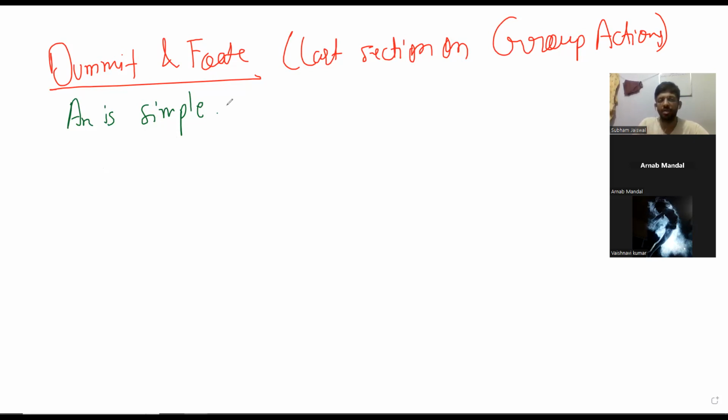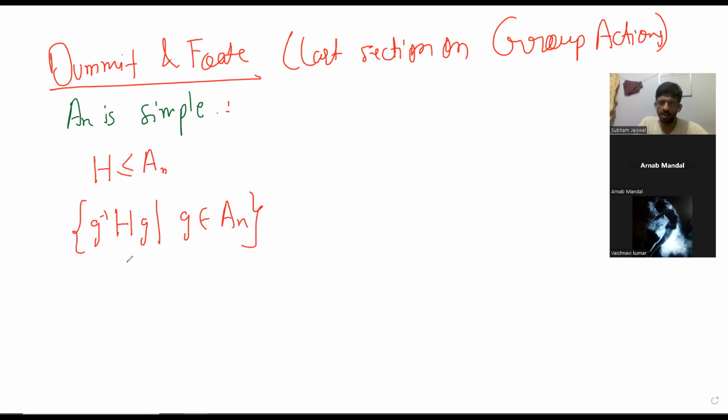Of course you know what it means, but if I have to say it from the perspective of conjugacy classes, it certainly implies this: take any subgroup H of A_n, and then if you consider its normal closure, it just means take all possible conjugates of H. This will be a group.